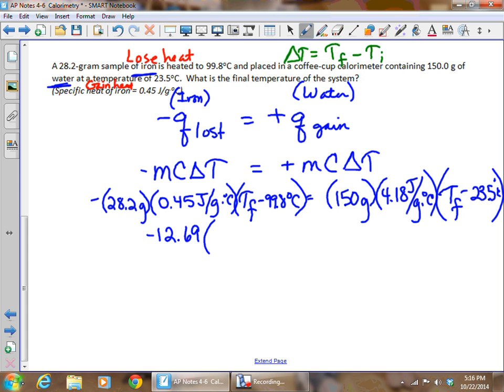And that's going to be times our T, and I'm going to drop units for right now because they'll just get confusing if we keep trying to put them in the problem. They'll just get in the way of numbers and you'll start getting more and more confused. The 150 times the 4.18 on the other side gives us 627. And that's times T sub F minus 23.5.